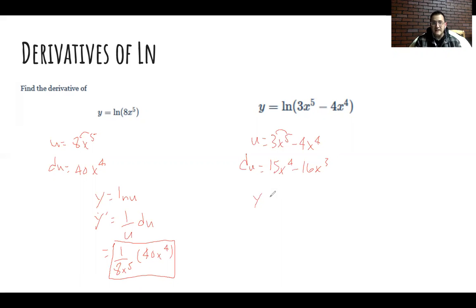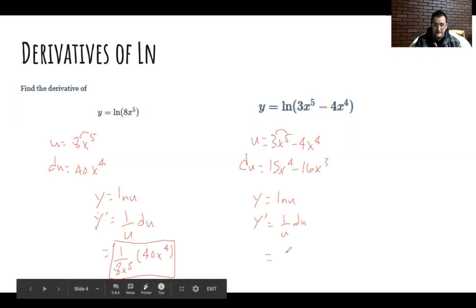And then my y is the natural log of u, and my y prime would be 1 over u du. So I'm going to write this as 1 over 3x to the 5th minus 4x to the 4th, times 15x to the 4th minus 16x to the 3rd.